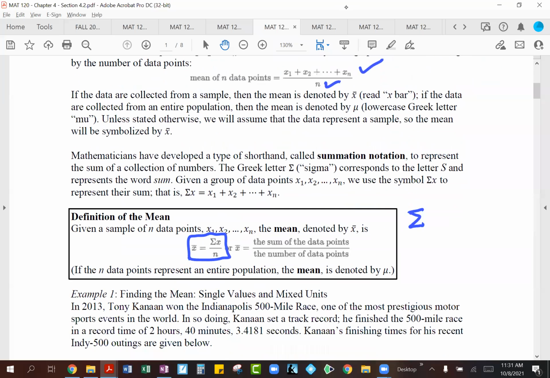This symbol that you are seeing is the Greek capital letter sigma, but in math, we use this as a summation symbol. So that means you are adding. When you see the summation of x on the numerator, we're saying add all the x values together and then divide by n, which is how many data values you have in your sample or your population.